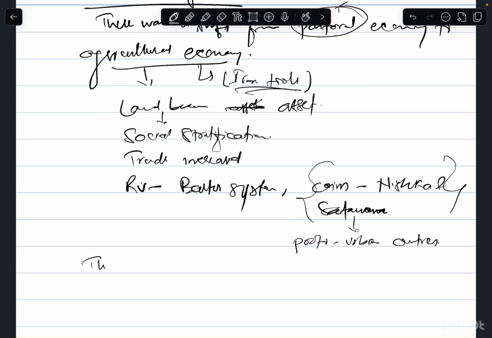That thus our later Vedic society, I'll say, later Vedic society will be a better word here.